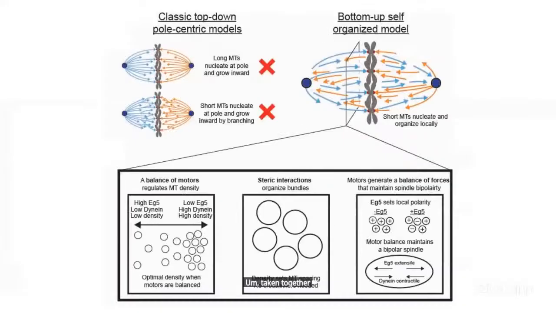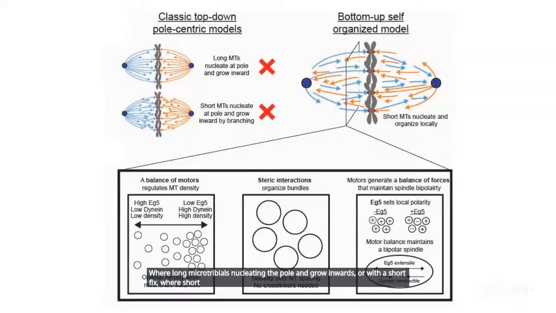Taken together, this brings us to a novel view of spindle assembly, where the data that we see in the cryolamella isn't consistent with classic top-down pole-centric models, where long microtubules nucleate into the pole and grow inwards, or with a short-fiber model, where short microtubules are nucleating into the pole and are growing inwards by successive branching nucleation interactions.